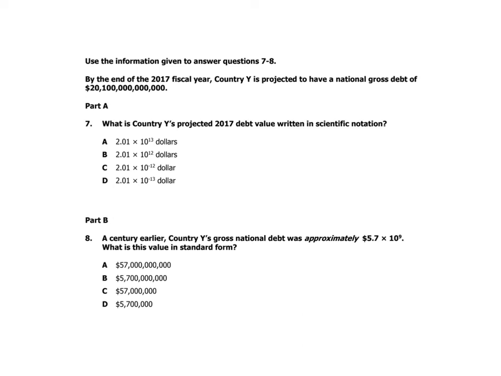One way to do this is take your decimal and move it back. 1, 2, 3, 4, 5, 6, 7, 8, 9, 10. So it's 2.01 times 10 to the 10th power. So you'll find which answer choice matches that, and it will be A.